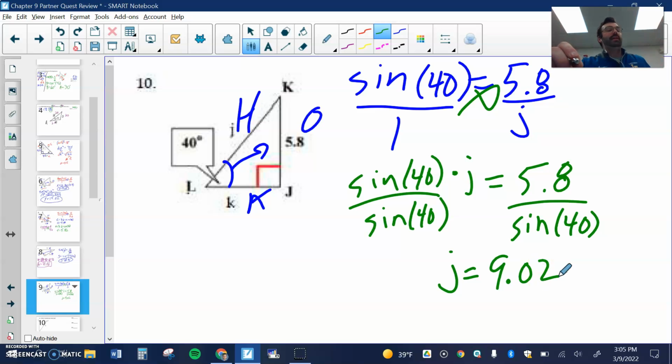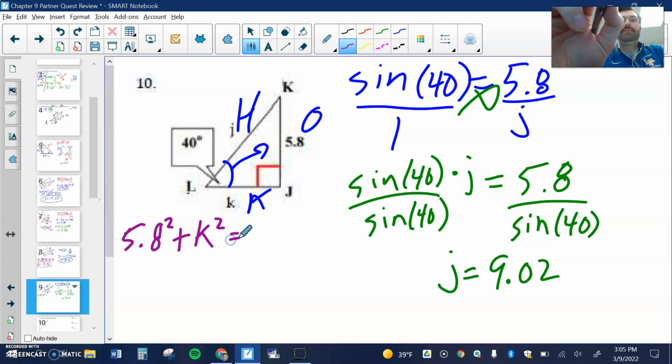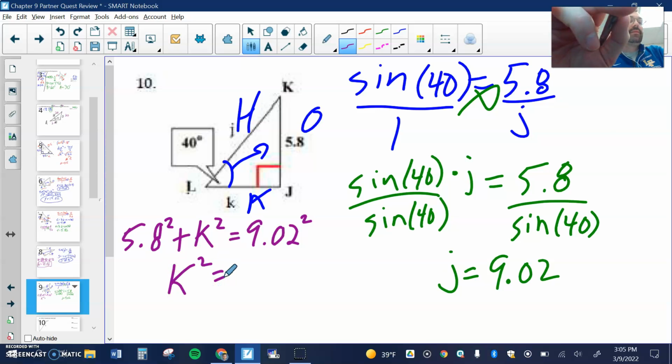Again, I could do trig again, or I could just use the Pythagorean theorem. I'm going to do the Pythagorean theorem. J is my hypotenuse, so it's 5.8 squared plus k squared equals 9.02 squared. I end up getting k squared equals 47.